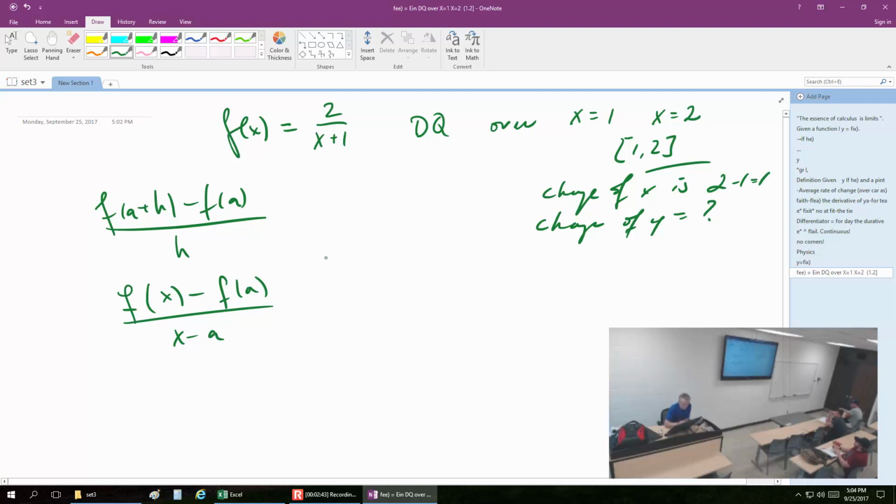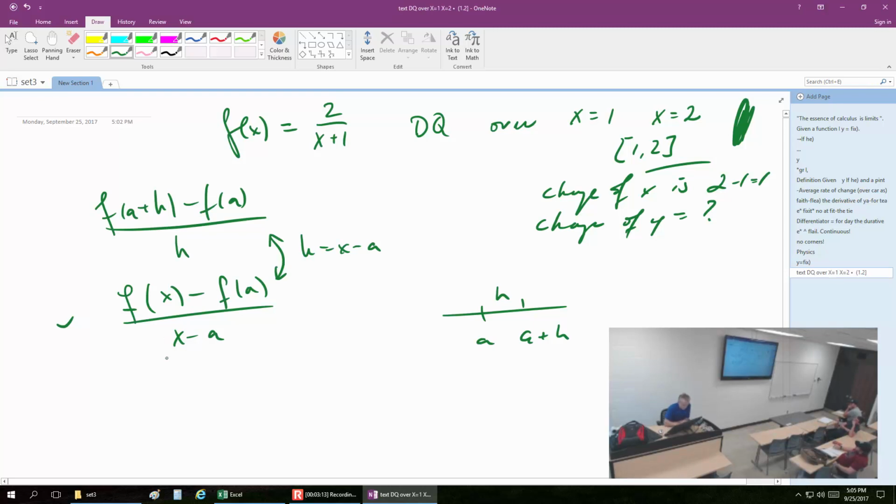Right, so the transition is simply h is equal to x minus a, and if you make that transition back and forth, you get the same formula. So it's just a matter of bookkeeping. So a plus h, and this is h. Okay, so that's all. You can certainly go to the left as well. But this one is easier if you were given two specific values of x, as we have here. Then you just plug them in.